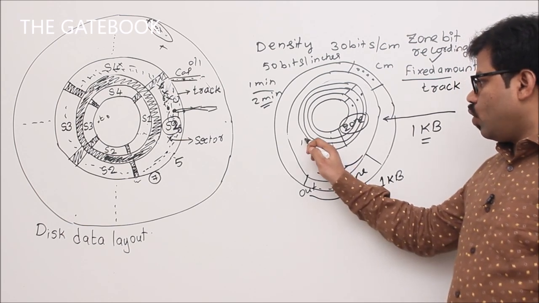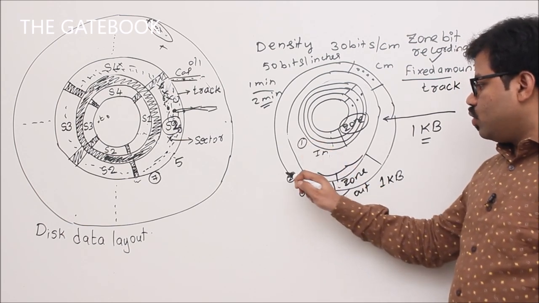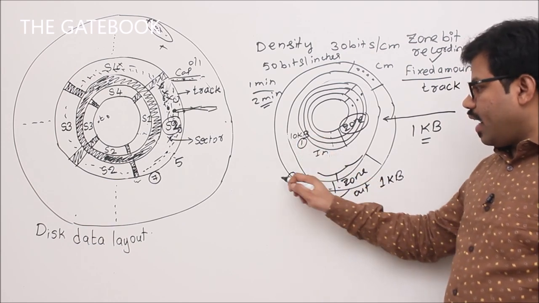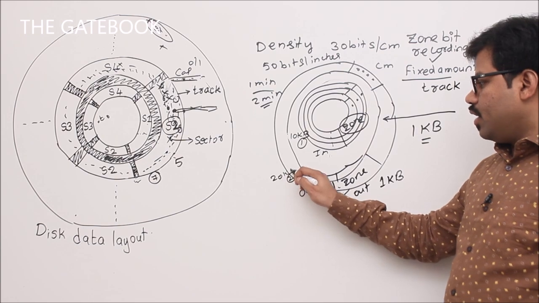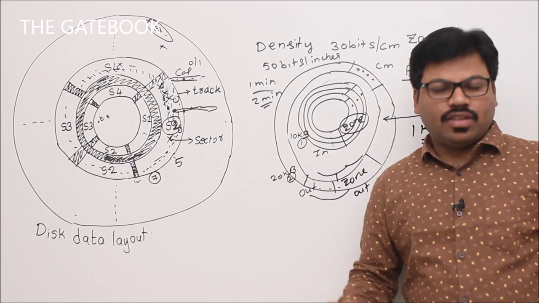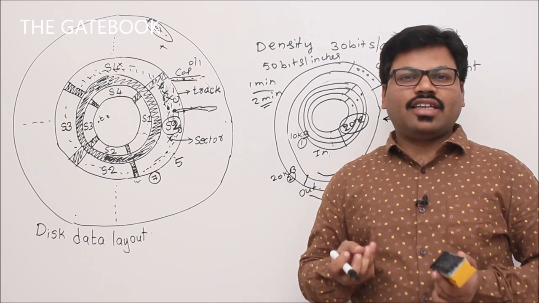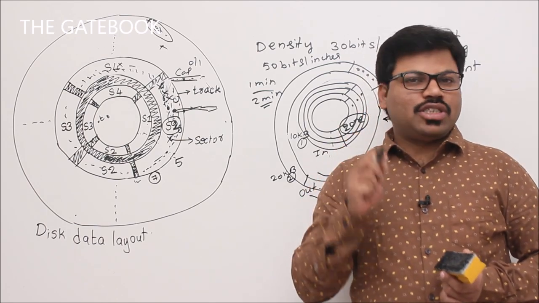Let's say this is zone 1, this is zone 2. In zone 1, if we store 10 KB per track, then in zone 2, for every track we will be storing 20 KB. In zone number 3, maybe you are storing 30 KB. In that way, a variable amount of data we will be storing.